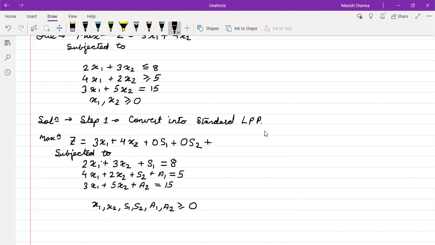Since this is a maximization problem, we have to add minus, so instead of plus I will use minus M A1 minus M A2. Here I won't write M1, M2. Anyhow the penalty is equivalent to infinity, so for both cases it will be minus M, minus M.